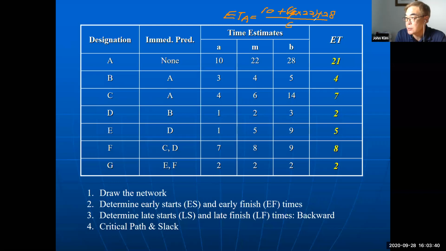Divided by 6 equals 21. So using this formula, A plus 4M plus B divided by 6, that is expected time.